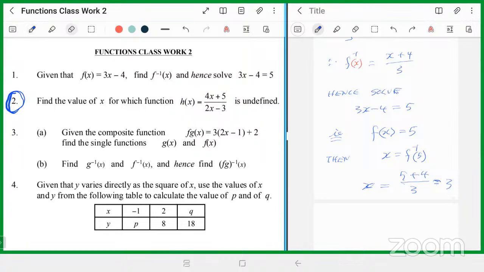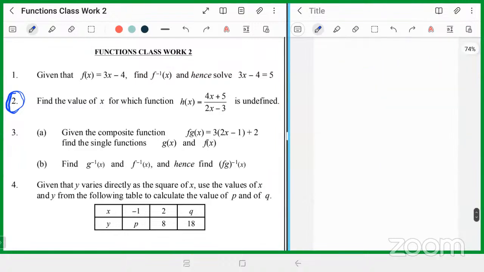It means what value of x cannot be accepted in the domain of that function. What value of x will cause the function not to work? What value of x will cause the function not to be able to produce a real output value? I'm asking for an x value, which is a domain value. Which x value cannot be in the domain of this function.